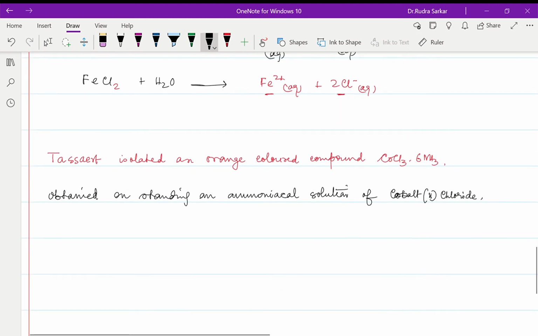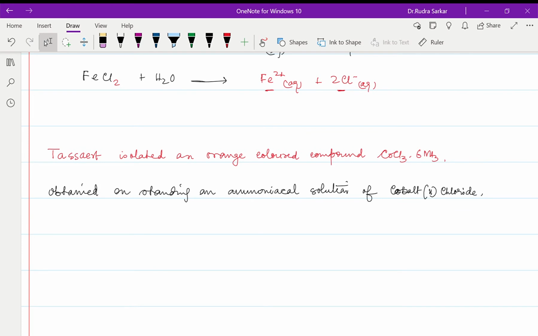Now, this thing was obtained around, say, 1798. He had made this observation. People were interested in this compound, and this same compound, please understand, was first observed around that time in 1798.